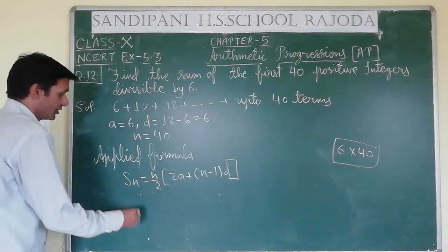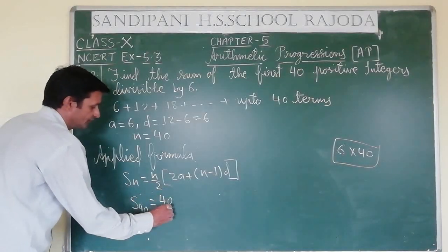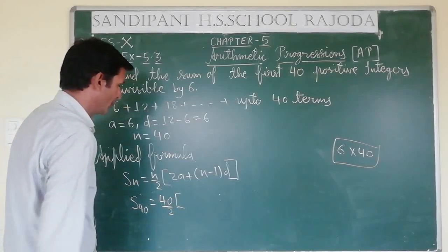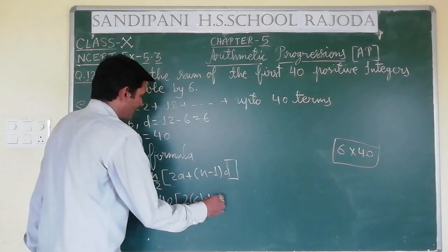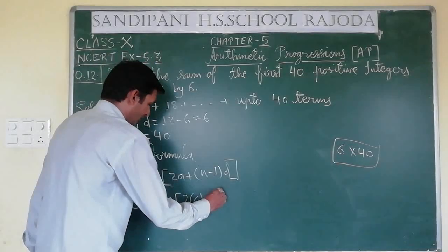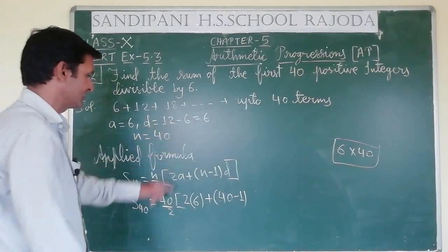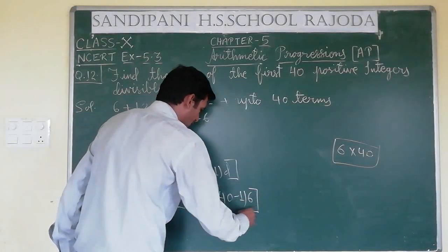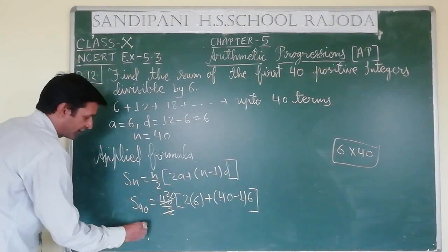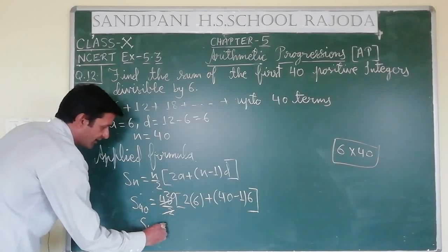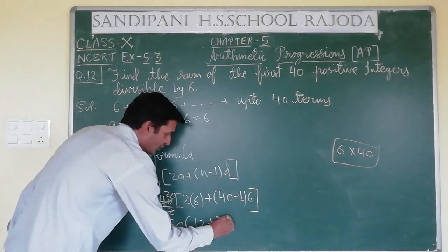So the sum of 40 terms is equal to 40 upon 2 into 2 into 6 plus 40 minus 1 into d, and the common difference is 6 again. So 2 twenties are 40, the sum of 40 terms is equal to 20 times 12 plus 39 into 6.